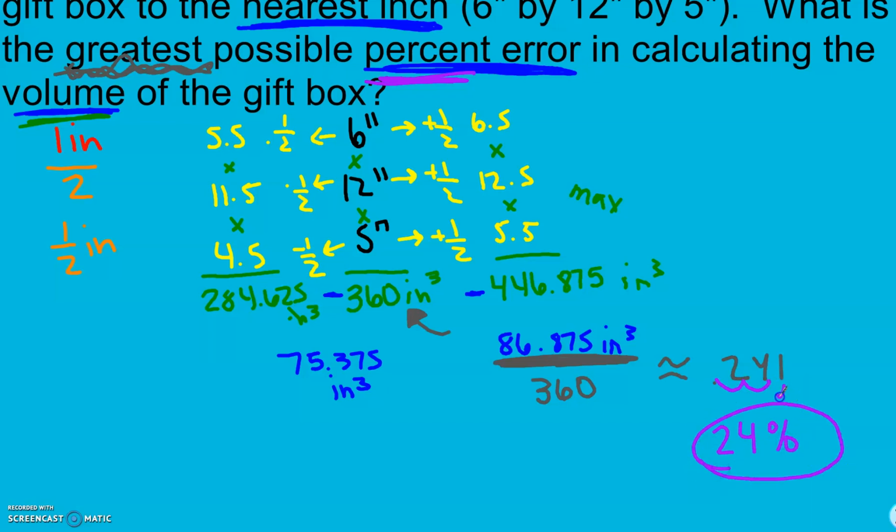That 1 rounds down. So about 24% error is our greatest possible error. And again, that's because the greater the difference, the greater the error. So we picked the bigger of the two differences, divided by what we were comparing it to there, that measured amount, and got our percent error.